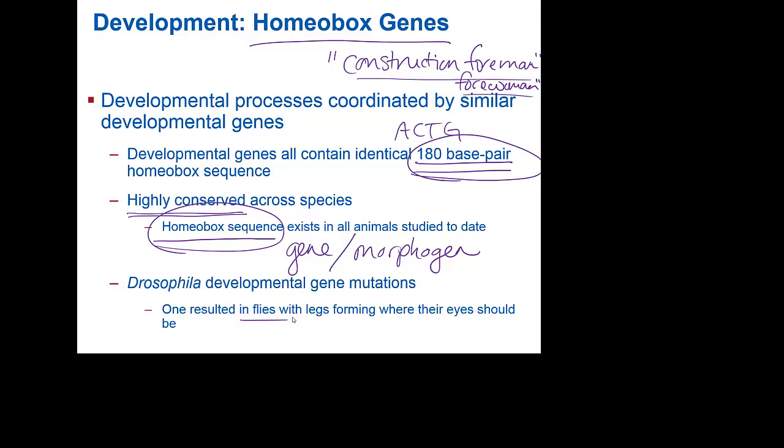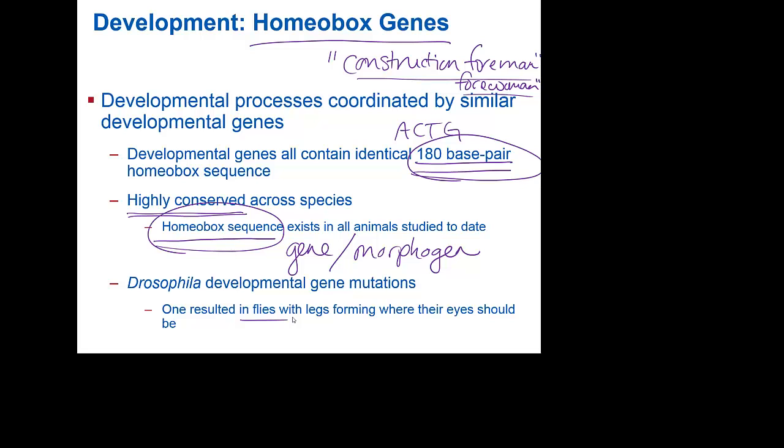I can look at them in a guinea pig. I don't care. Okay? Any animal. But it goes beyond that, we're finding. These homeobox genes are actually highly conserved across not only animals, but into other organisms as well.